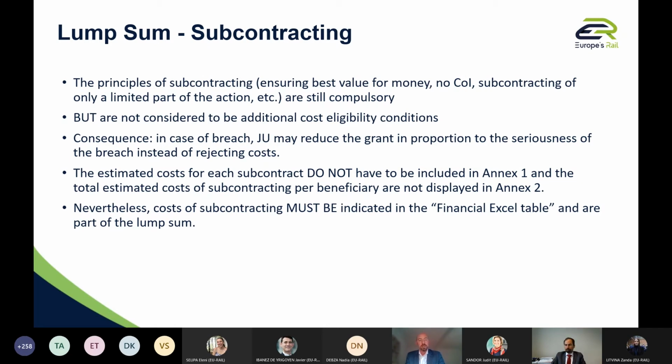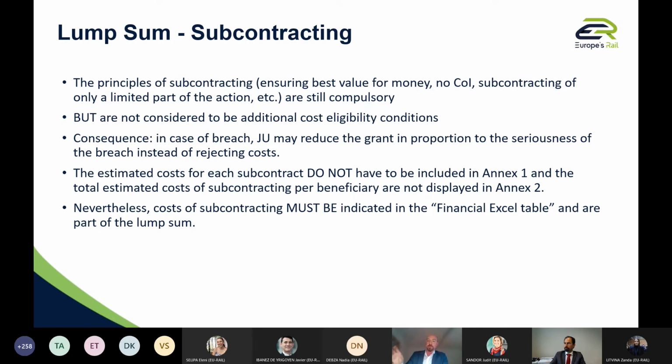So the estimated cost for each subcontract does not have to be included in Annex 1, okay? You will prepare that in your financial document, and you will have the overall cost of subcontracting that you consider implementing. And the total estimated cost of subcontracting per beneficiary is not displayed in Annex 2, so the Annex 2 of the budget.